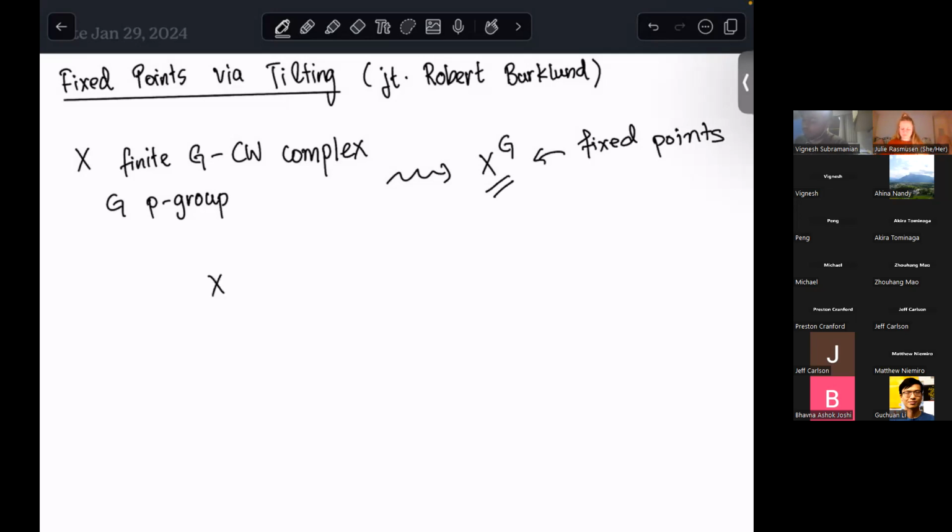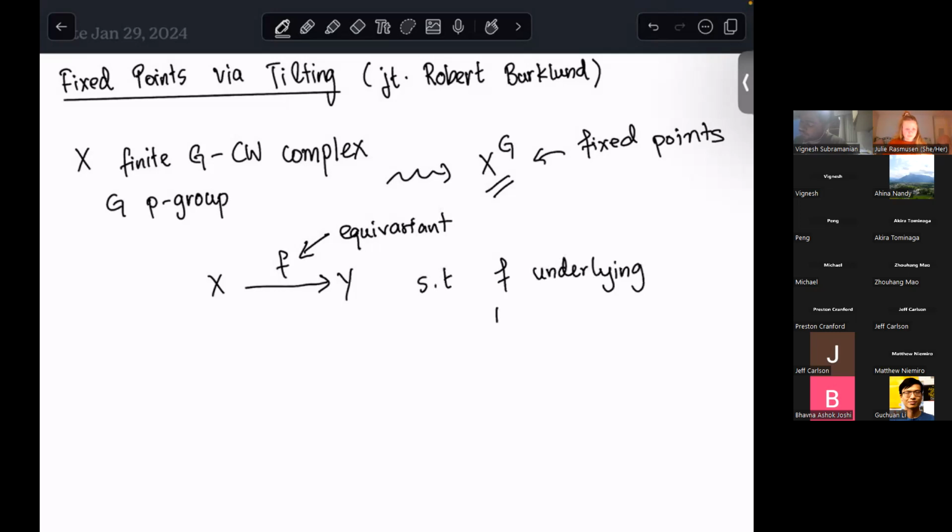If X and Y are two G-CW complexes and there is a map f which is equivariant, such that the underlying map is a homotopy equivalence, this does not imply in general that the fixed points are homotopy equivalent.